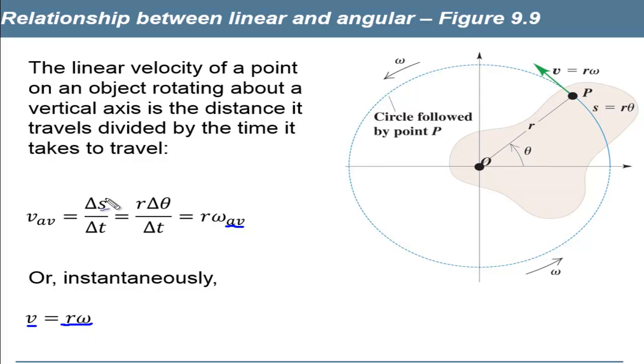This just comes from the simple fact that speed is distance over time, and a matter of replacing distance with our distance defined in terms of radians, which is r delta theta. So when angular velocity is defined in radians per second, we can find a linear velocity by simply multiplying angular velocity times the radius, or v is equal to r omega.